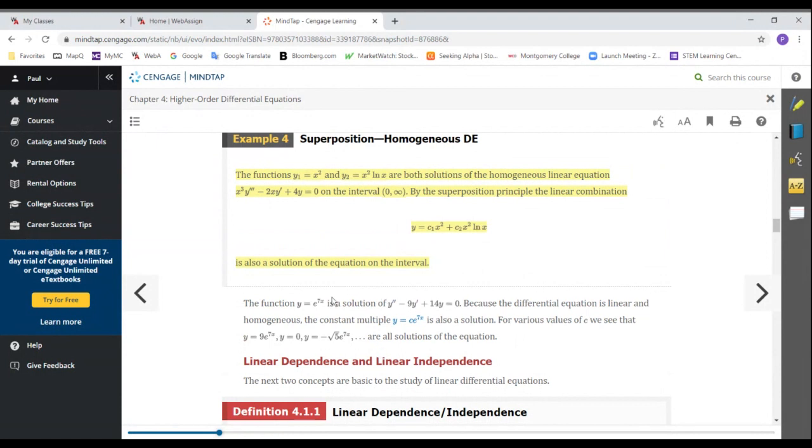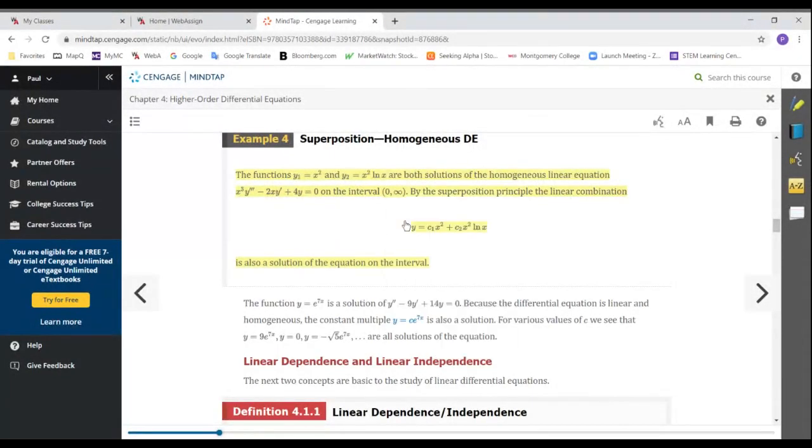They're telling you that these are two solutions to this homogeneous linear differential equation on the interval 0 to infinity. By the superposition principle, the linear combination of those two solutions is also a solution of the differential equation.